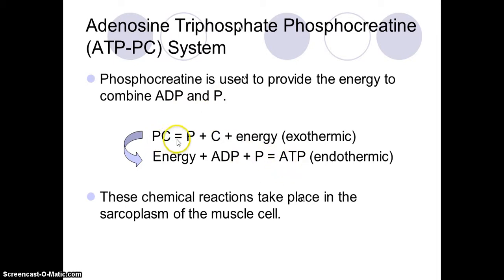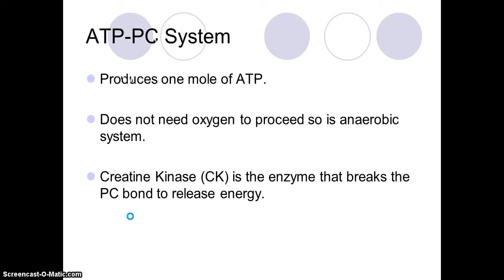So phosphocreatine is equal to 1 molecule of phosphate, 1 molecule of creatine plus energy, exothermic. It creates energy. That energy is then used alongside ADP to reattach that molecule of phosphate to give us ATP. And this all takes place in the sarcoplasm, and we're going to talk about creatine a lot later on, but creatine is a term that you've probably heard before.